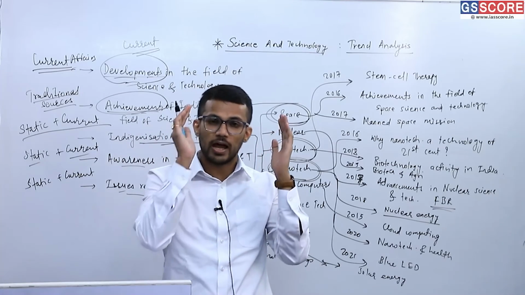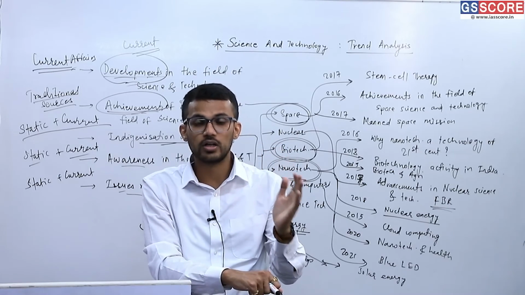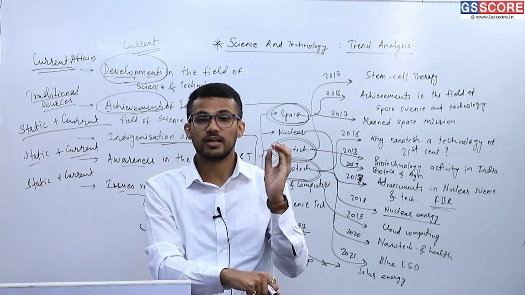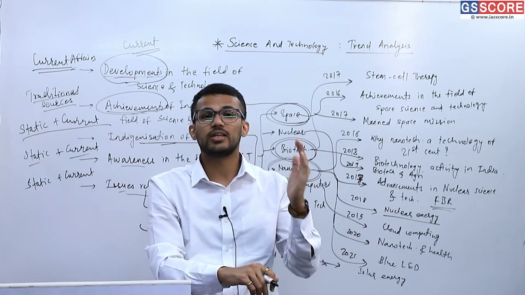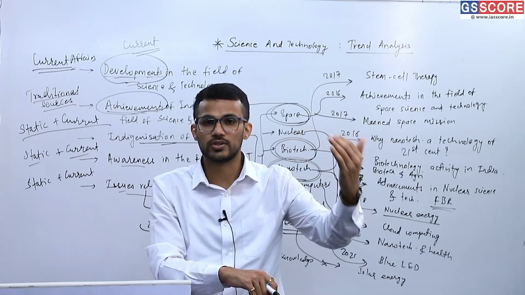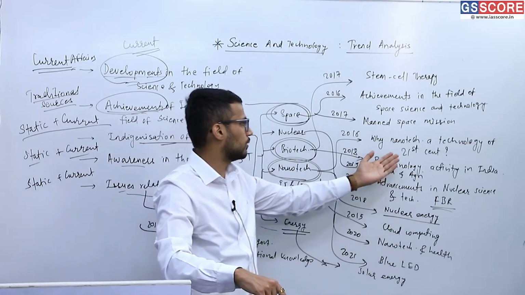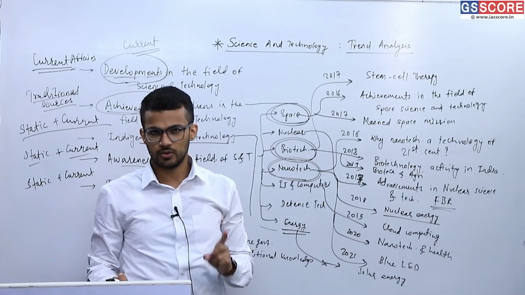So here you will have to visualize what are the problems that the world and India face in the 21st century, and if we can use nanotechnology to resolve those problems, obviously it will become a technology of the 21st century, right?